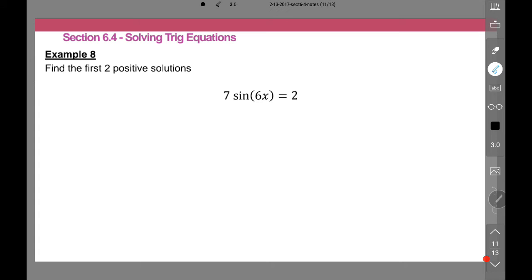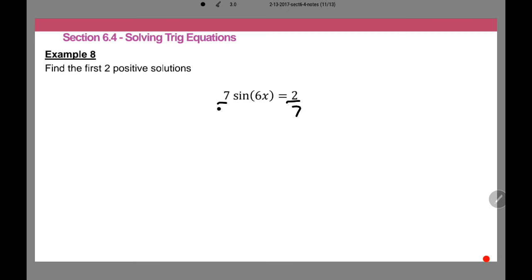And then, similar situation, but it says to find the first two positive solutions. So to get started, we need to get sine of 6x by itself by dividing both sides by 7. So the sine of 6x equals 2/7. Now, I don't like that 6x there, so we need to change it. So we're going to change it to sine of u equals 2/7.